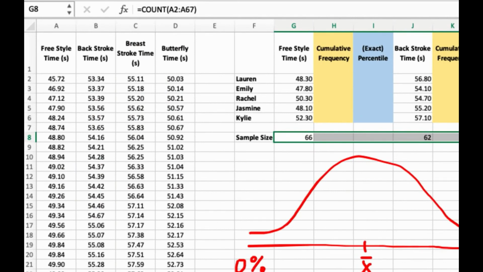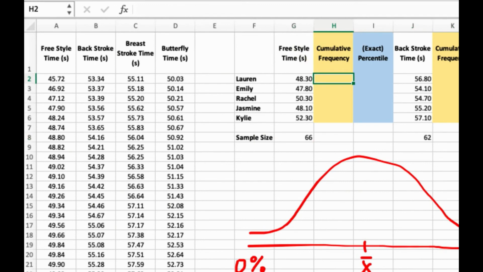When we are calculating our cumulative frequencies, in this case, we're going to use a COUNTIF function. What we're interested in is all of the values that are at or worse than a particular value. In this case, worse than values are going to be higher swim times. So our criteria is going to be a greater than operation.